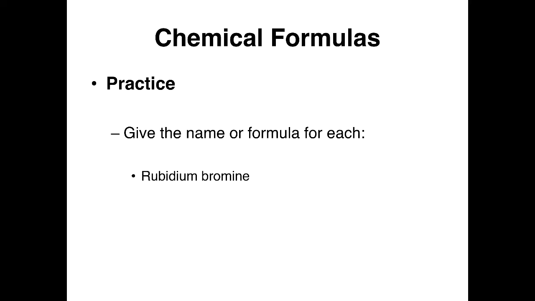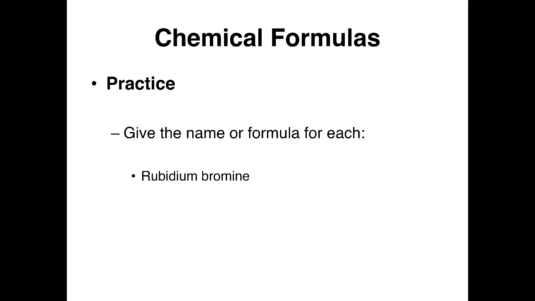So rubidium bromide, rubidium is Rb, and if you look it up on the periodic table, rubidium is a group 1A element, and bromine is a group 7. Rubidium is +1 and a metal, so it's +1, and bromine combined with a metal is -1.